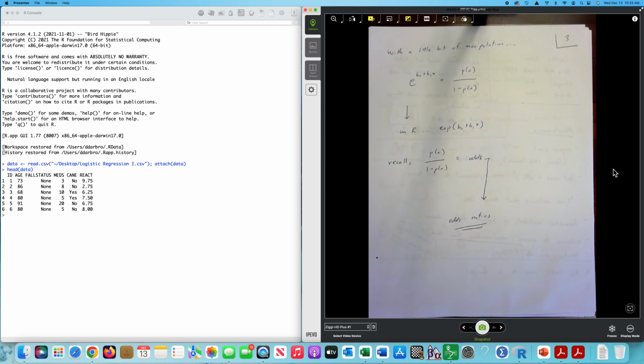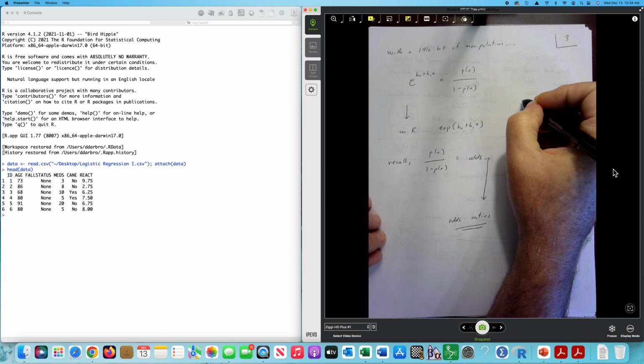So on the next page, with a little bit of manipulation, we can take that one term, e to the b0 plus b1x, and see that it is nothing more than the probability of x divided by 1 minus the probability of x, which, if you recall, is nothing more than the odds. In R, if we take e and raise it to something, we would use exp of that something.